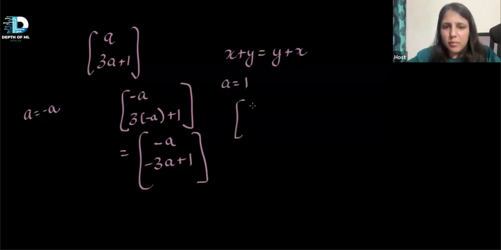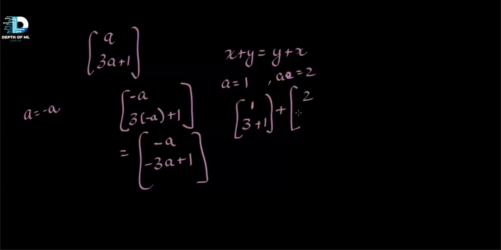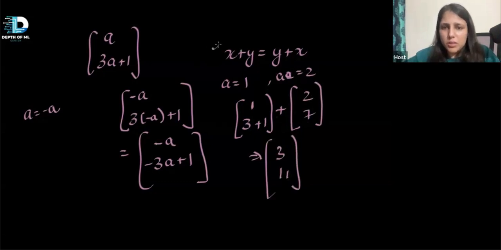So my vector will be 1, 3 into 1 plus 1. And then I can take a equal to 2. So I'll get the other vector: 2, 3 into 2 plus 1, 6 plus 1, 7. So I got 3 and below is 11. So this is correct, right? This property is being followed. If I do the reverse also, it will follow. Yes, ma'am.